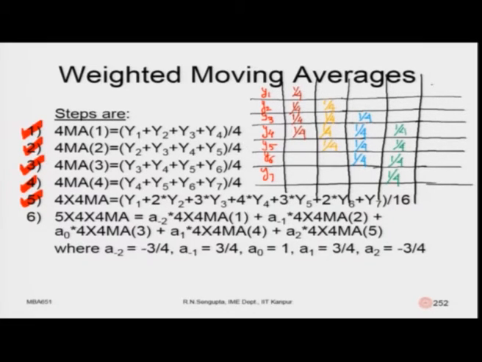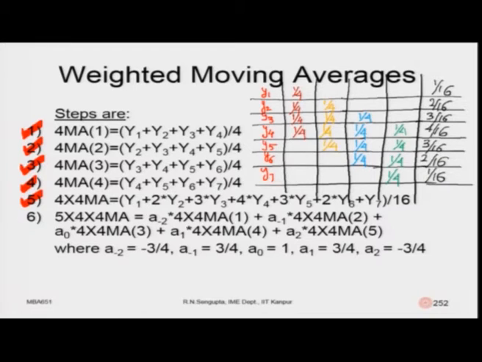For y1 it will be 1/16, and for the last one it is also 1/16. For y2 and y6, they would be 2/16. For third and fifth it will be 3/16, and the fourth one will be 4/16.